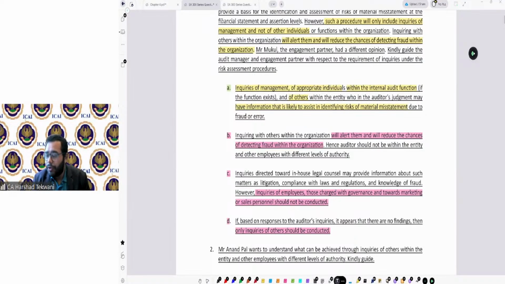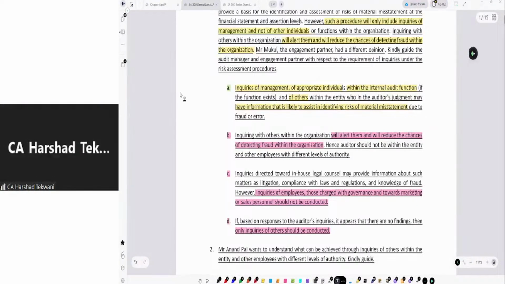It is always good to have a clear idea of what information can be provided by which department. Come on, guys. Which information can be provided by which department?